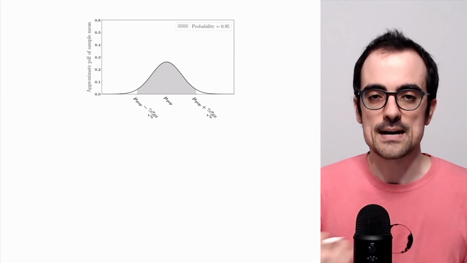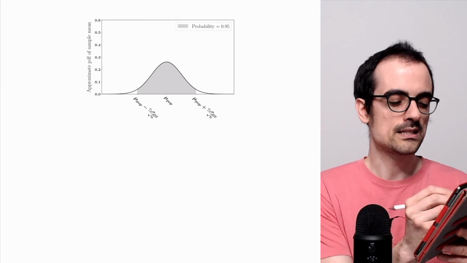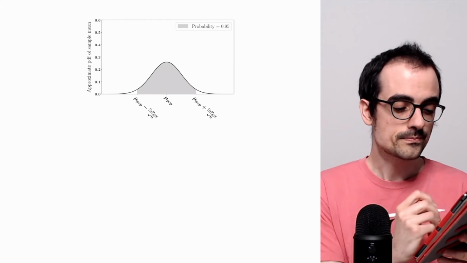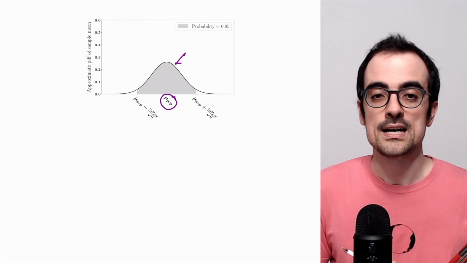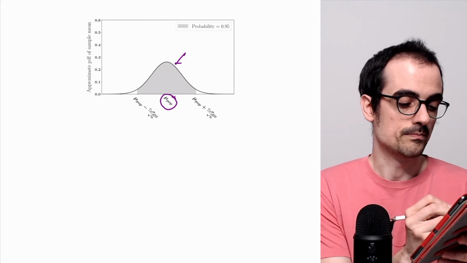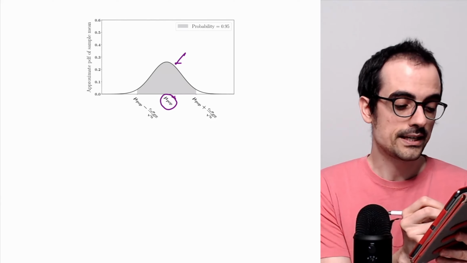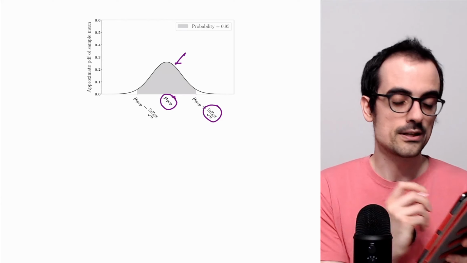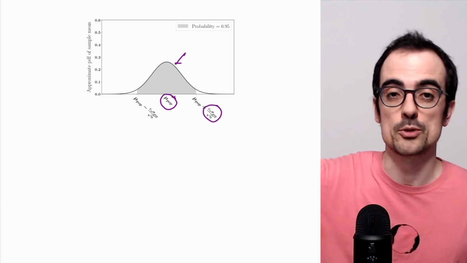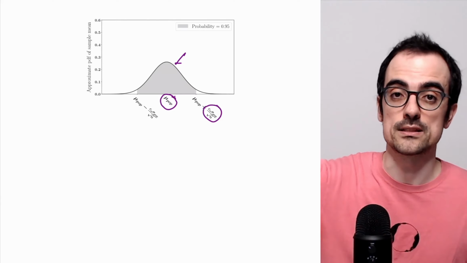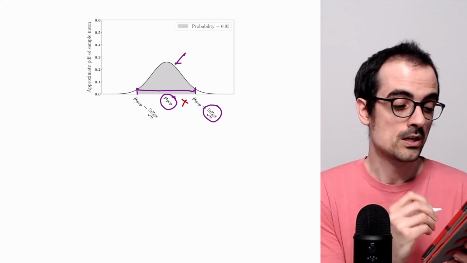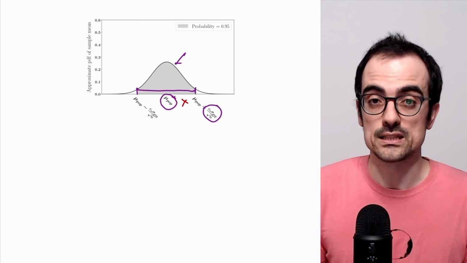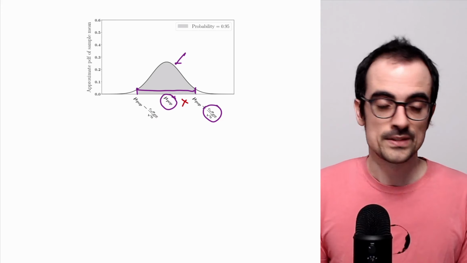In the case of the sample mean, we know that the sample mean has an approximately Gaussian distribution centered at the population mean, and that its standard deviation can be computed from the population standard deviation and from the number of measurements. And with that, we can obtain an interval here that is going to contain the sample mean with probability 0.95 or whatever probability we desire.